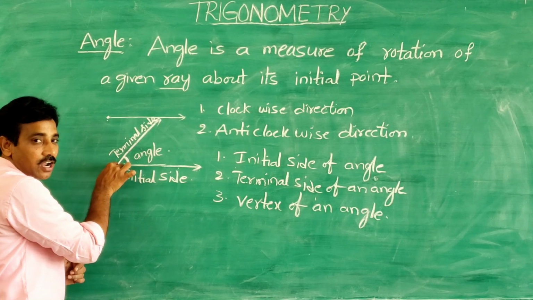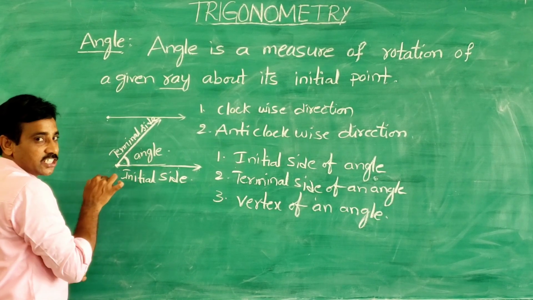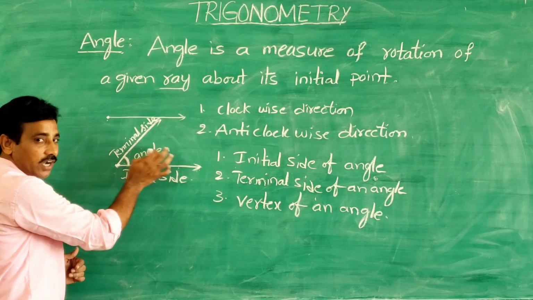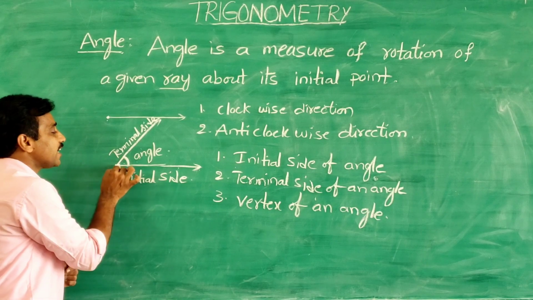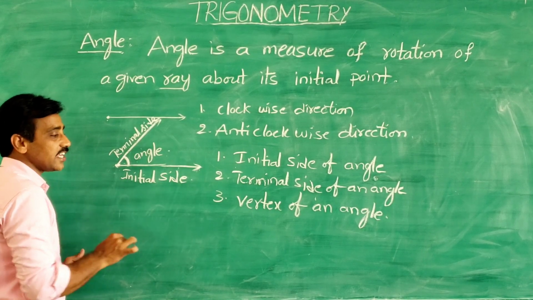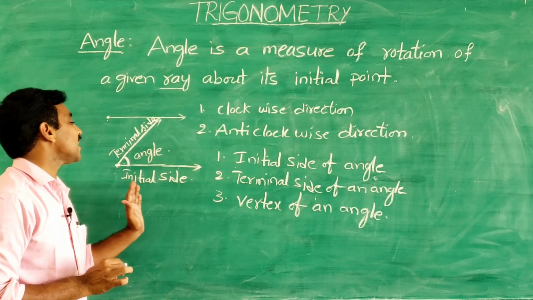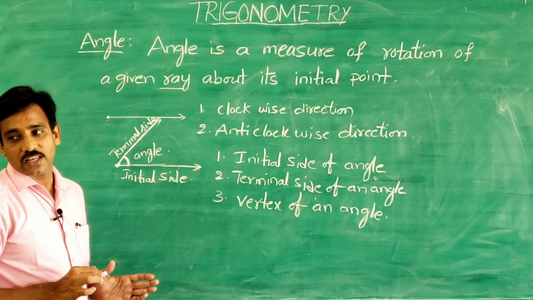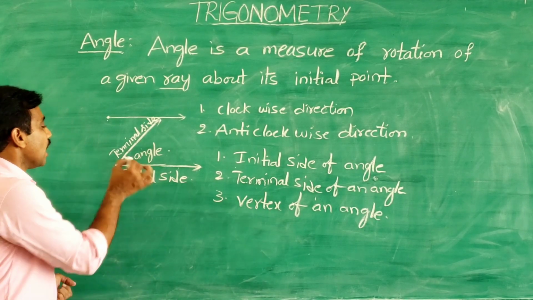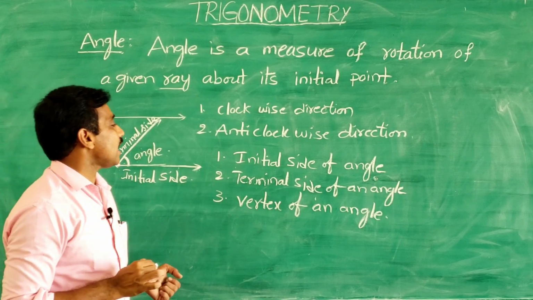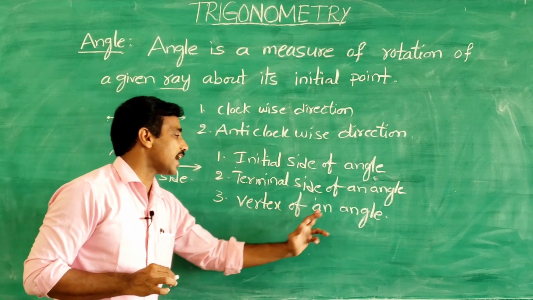So this initial point is called the vertex. That point is called the vertex of an angle. Now here we learned about the initial side of an angle, terminal side of an angle, and vertex of an angle.